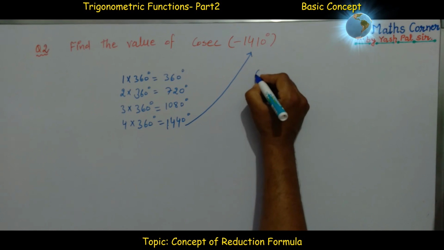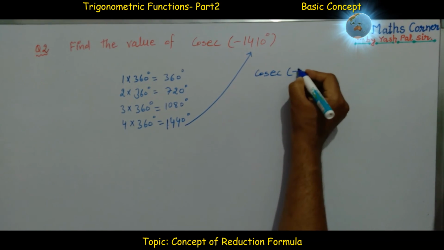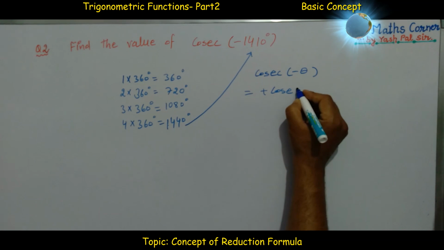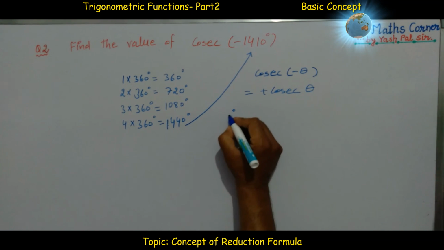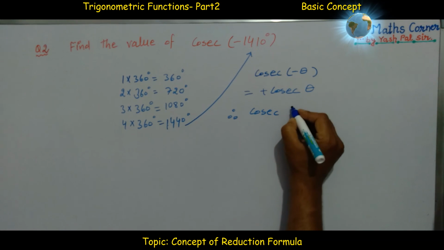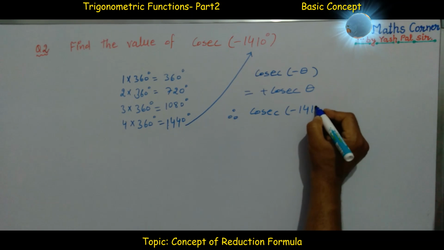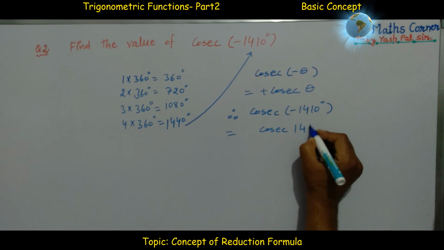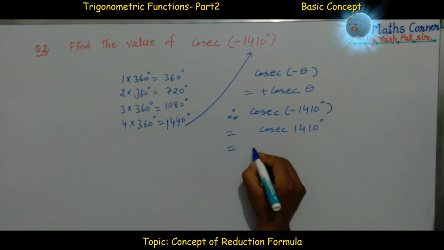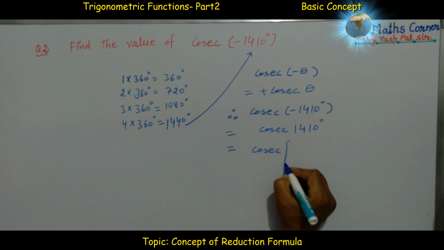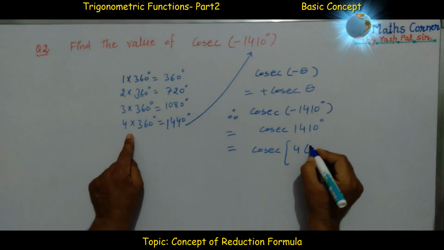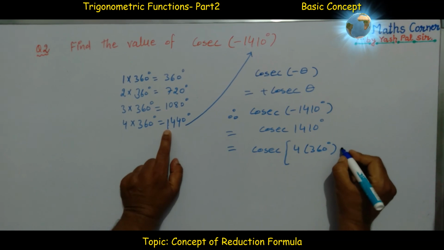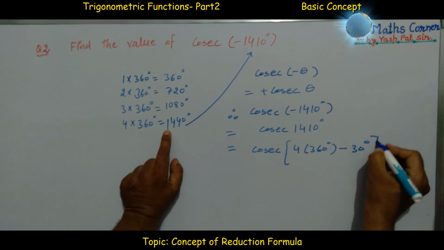First of all, we know that cosecant of minus theta is equal to minus cosecant theta. So cosecant of minus 1410 degree is equal to cosecant of 1410 degree first. Next, this can be written as cosecant of 4 into 360 degree, minus 30 degree.